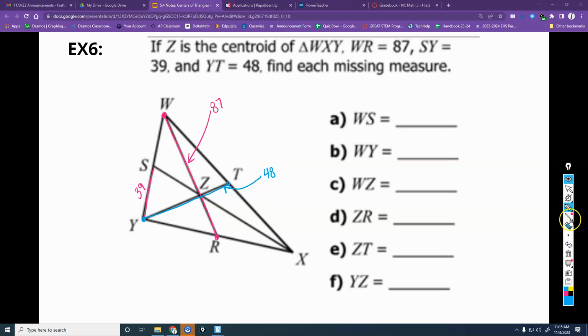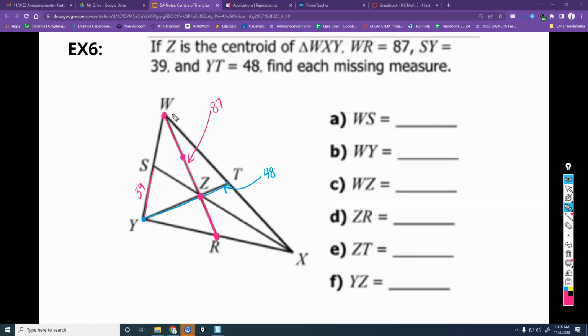The harder parts to find are whenever you have the median itself. Our special properties told us that this short piece, if we doubled it, would give us this piece, right? So if I split this piece right here in half, then these three sections, from R to Z, from Z to this halfway point, and from this halfway point to W, should all be equal to each other, right?